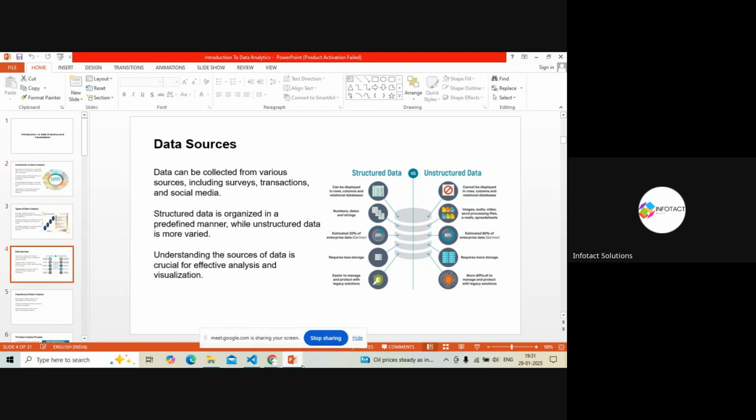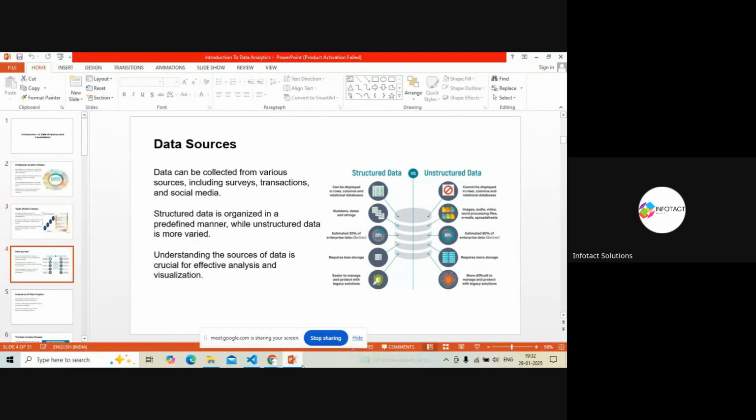When it comes to structured and unstructured data, what is structured data? It can be displayed in rows, columns, and relational databases. Unstructured data cannot be displayed in rows, columns, and relational databases. In structured data, numbers, dates, and strings are available, but in unstructured data, images, audio, video, word processing files, emails, and spreadsheets are available. An estimated 20% of enterprise data is structured, and an estimated 80% is unstructured.